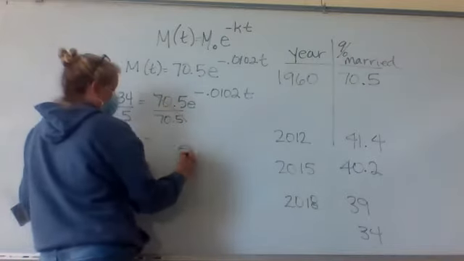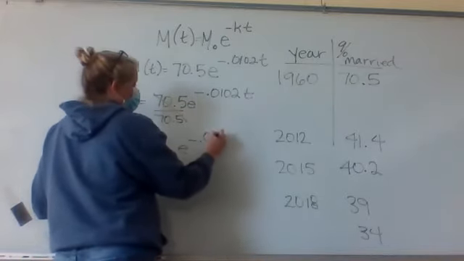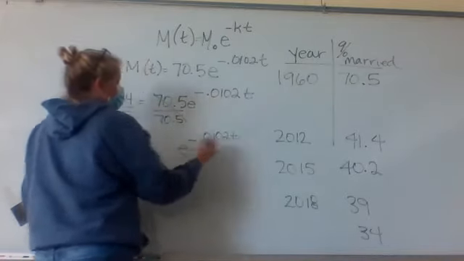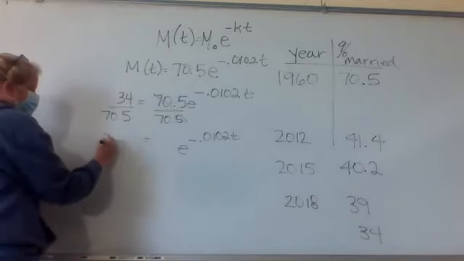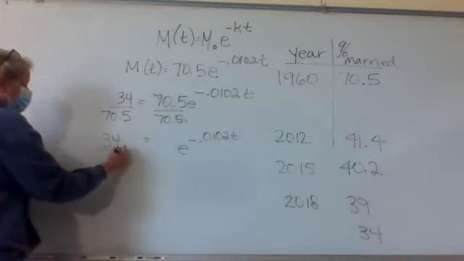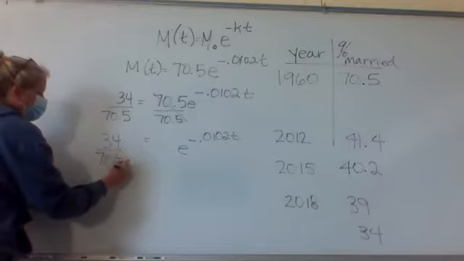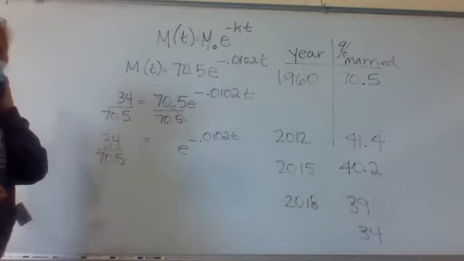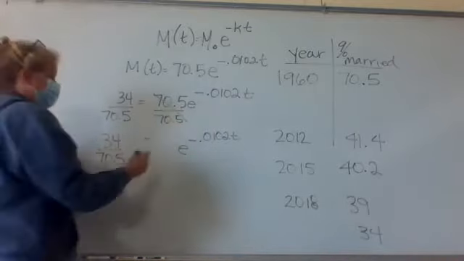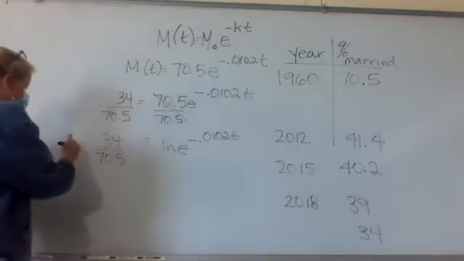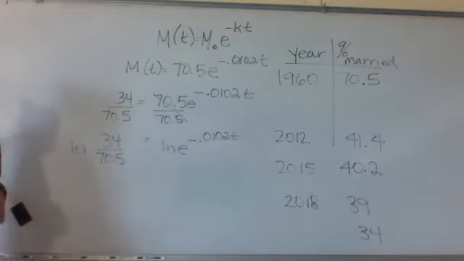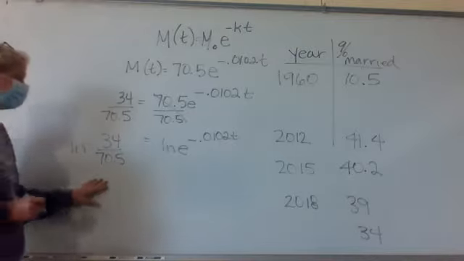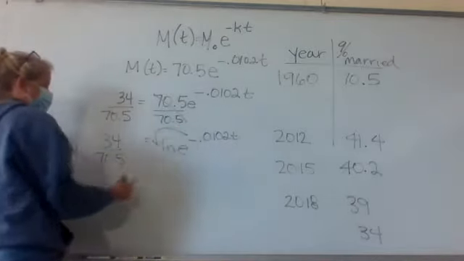So I still have e to the negative 0.0102 t equals, we're just going to keep this fraction like it is, 34 over 70.5. Now's the time to bring the exponent down, so we'll ln both sides. Now, this will come down.